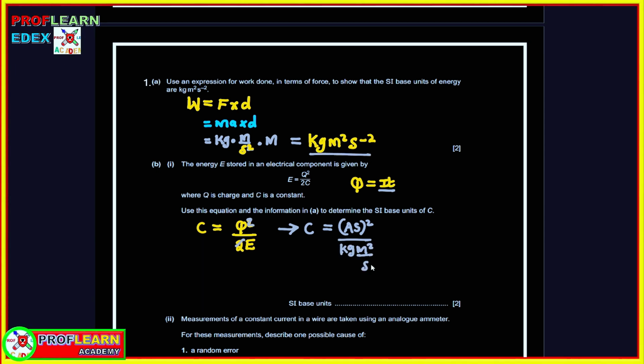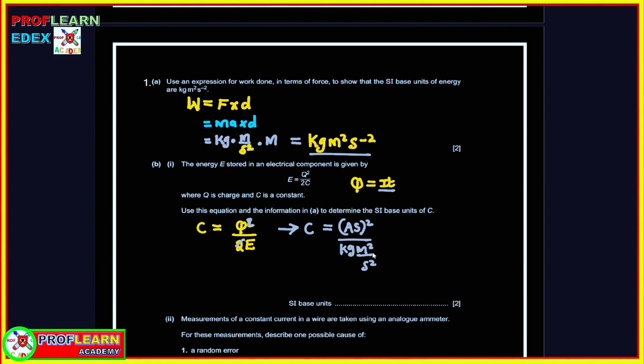Once we have this, we can also substitute the unit for work done, but remember work done is equal to the energy transferred. That's why we're using the units for work done for energy, because work done is equivalent to energy transferred.